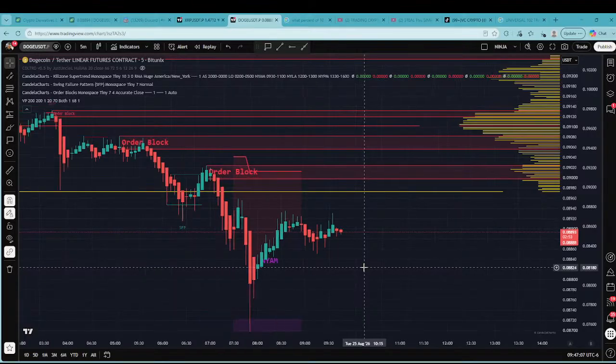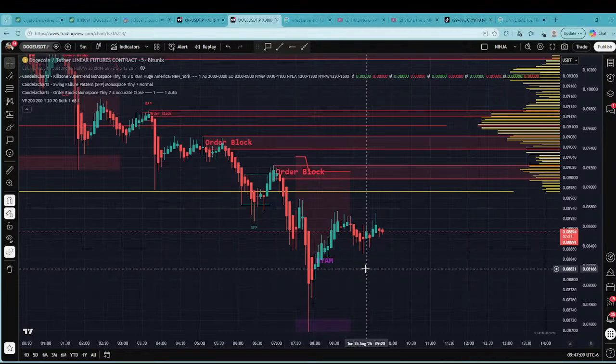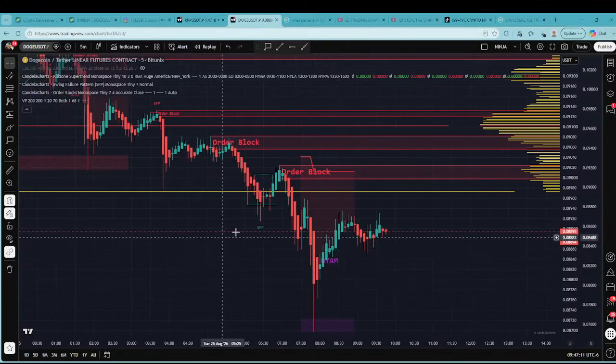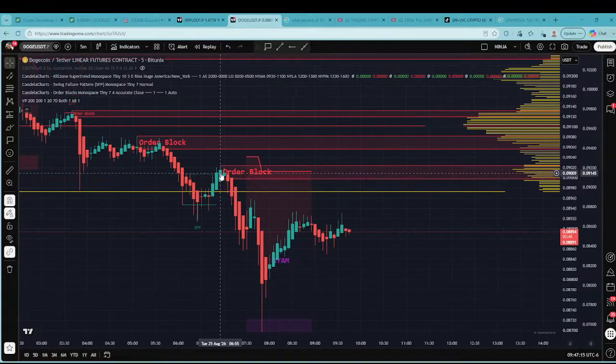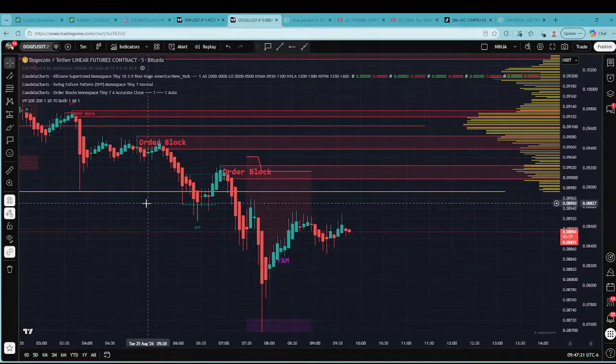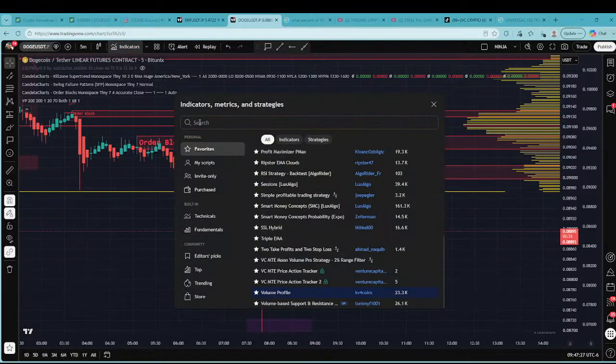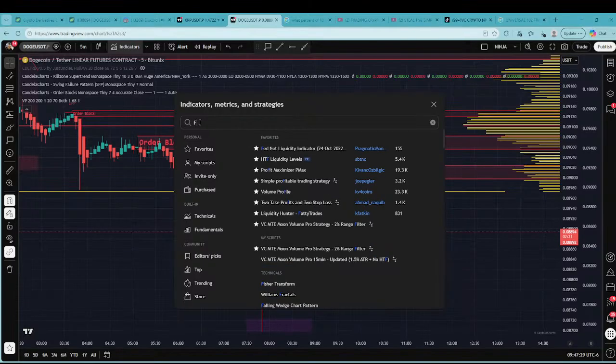Order blocks, we're going to see if they actually matter. Here was an order block up here, came down, hit another order block, came up, order block. And you can see where these order blocks are. They're just basically telling you where limit orders are, which are just, you know what, let me add the Fibonacci.